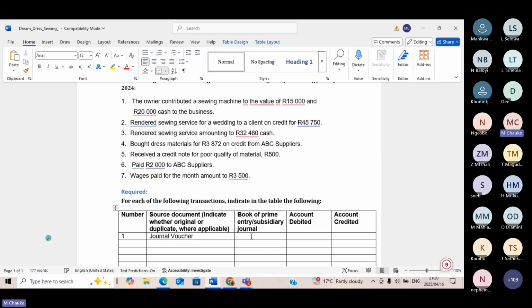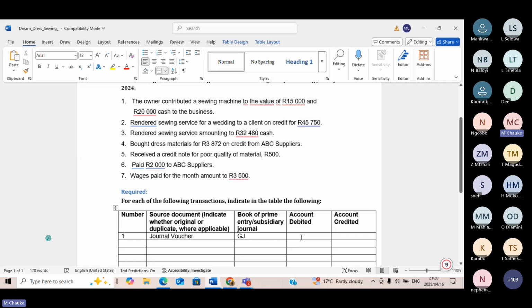So this transaction is going to be recorded in the general journal because it doesn't qualify for the debtors journal, the creditors journal, the creditors allowances journal, the debtors allowances journal, the CRJ or cash receipt journal, or the CPJ, the cash payment journal, right?